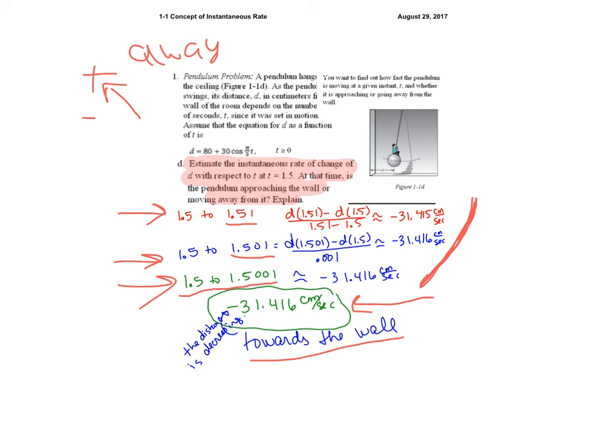When you have to go through the trouble of using 1.51, you notice what the differences are going to be. In this case, the difference was very, very small. But when we used the problem from yesterday, the 0.1 to 0.01 was a vast difference. It was pretty big. That's why.